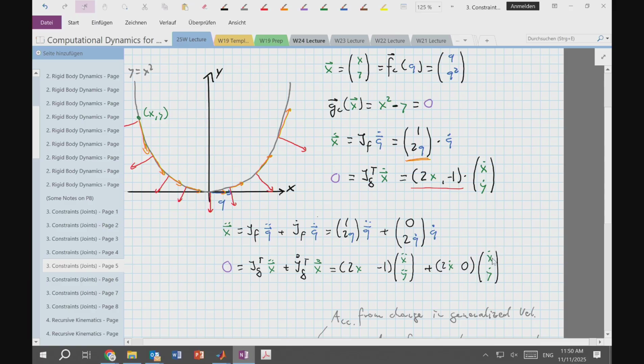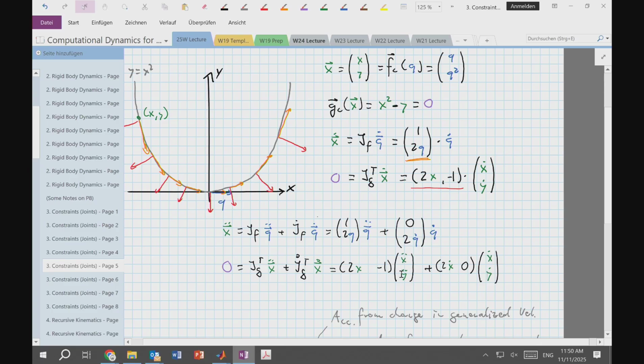And then if I get 2x dot squared, as soon as I have some velocity in this direction, I need some acceleration here in this first term so that the sum of these two is equal to 0. Same idea, right? This somehow changes the directions in which I cannot move. And to make sure I compensate for this, I need some accelerations. So I have to adapt the directions in which I move through some accelerations, in this case x double dot, y double dot.